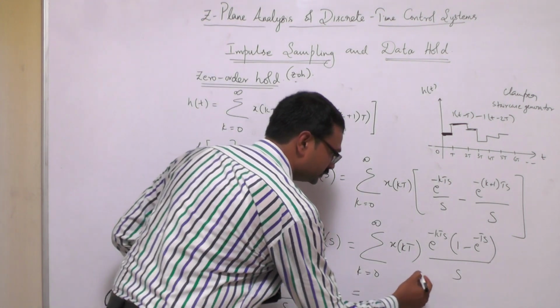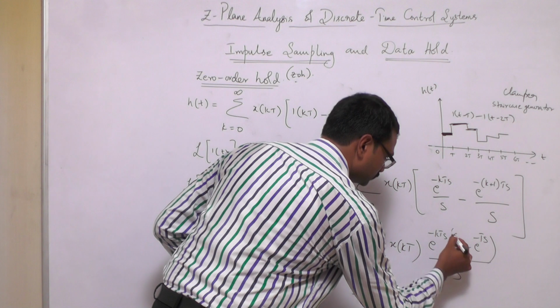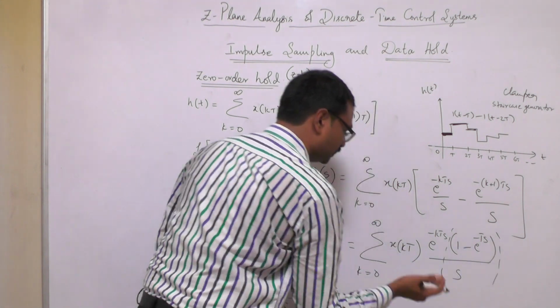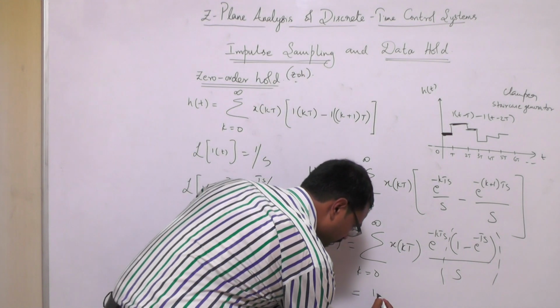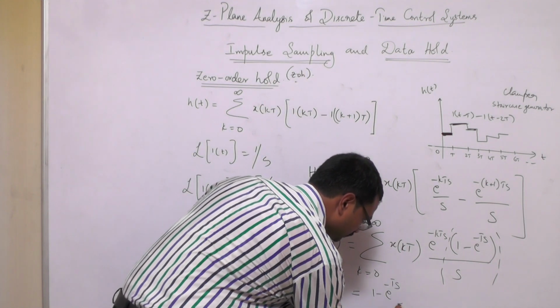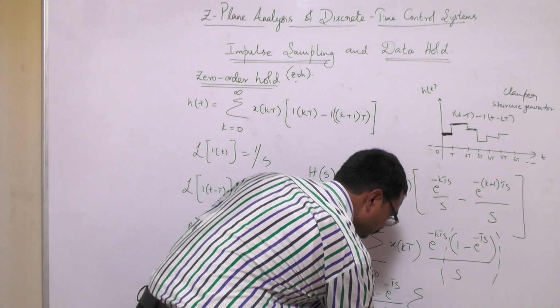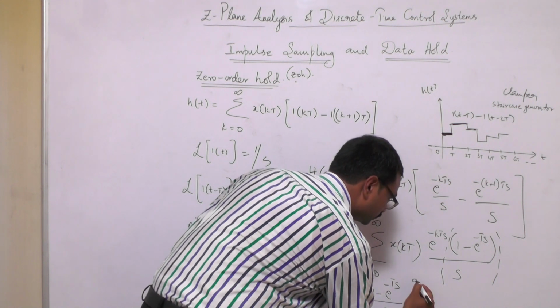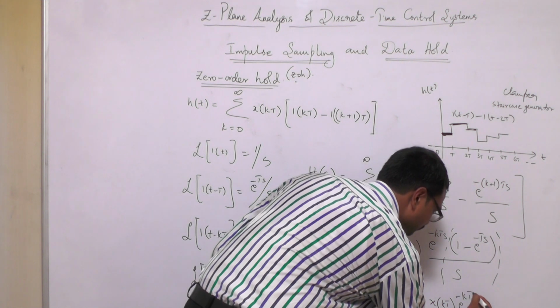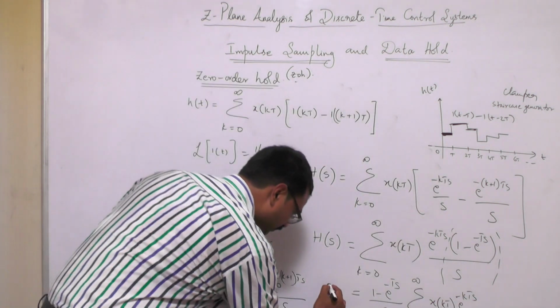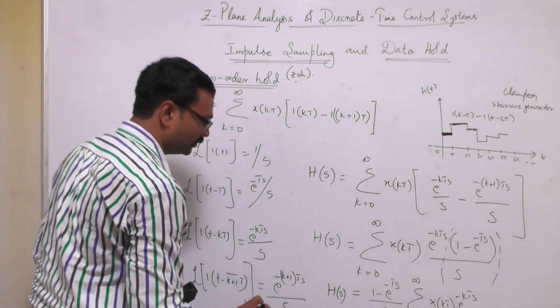This part I can take outside because it is nowhere related to k. Therefore it is e power minus ts by s into sigma k 0 to infinity x of kt e power minus kts. This is our H of s.